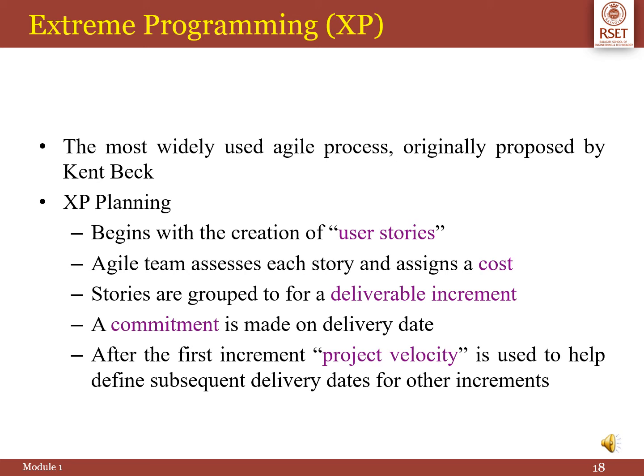The agile team assesses each story and assigns a cost to it. The stories are grouped to form a deliverable increment. The fourth step is that a commitment is made on the delivery date. And finally, after the first increment, the project velocity is used to help define the subsequent delivery dates for the other increments.